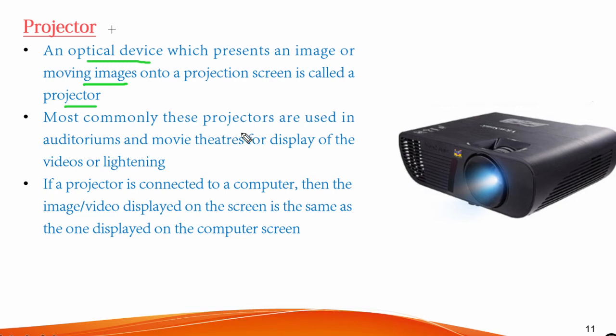Most commonly, projectors are used to display pictures or movies in auditoriums and movie theaters for display of videos or lighting. If the projector is connected to the computer, then the image displayed on the screen is the same as the one displayed on the computer screen. This is the projector, another type of output device.